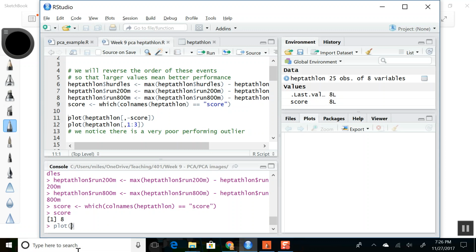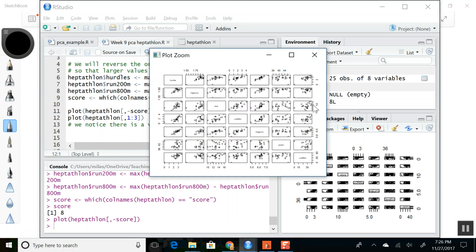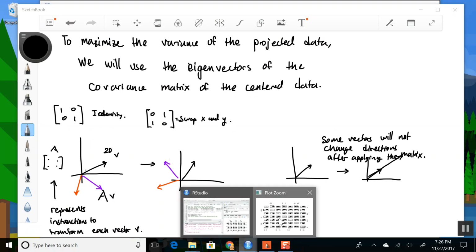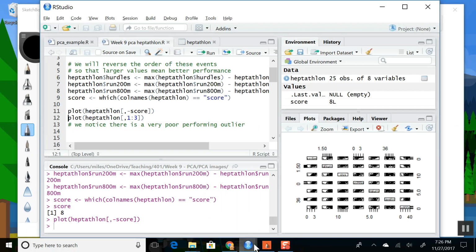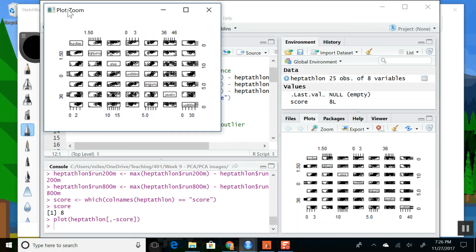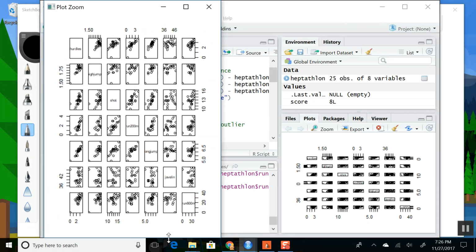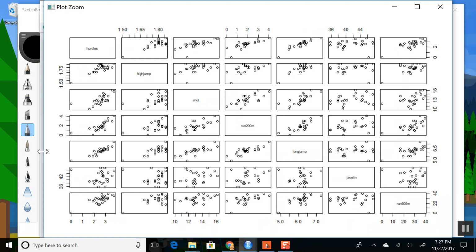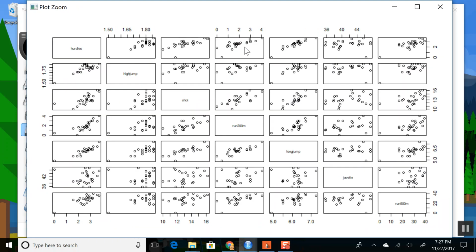So if I plot all of these things without the score, okay, so this is our 7 by 7 plots, and it's a little hard to see, but some of these events have some high correlation, right?